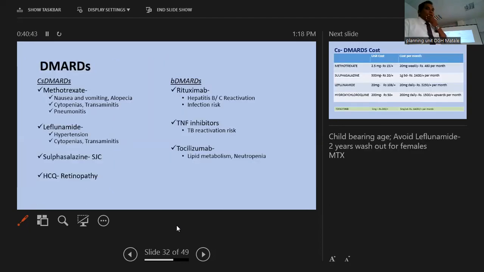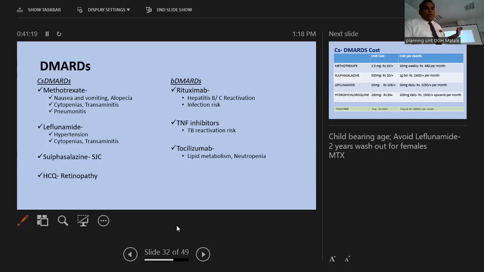Some of the important side effects of DMARDs, as you all know, methotrexate, the commonest is nausea and vomiting, not the cytopenias or transaminitis. Pneumonitis is very rare. Leflunomide, hypertension is common. Sulfasalazine, the most important thing is you need to advise the patient of Stevens-Johnson syndrome. Hydroxychloroquine, there's the retinopathy, but to date I have never seen a HCQ induced retinopathy.